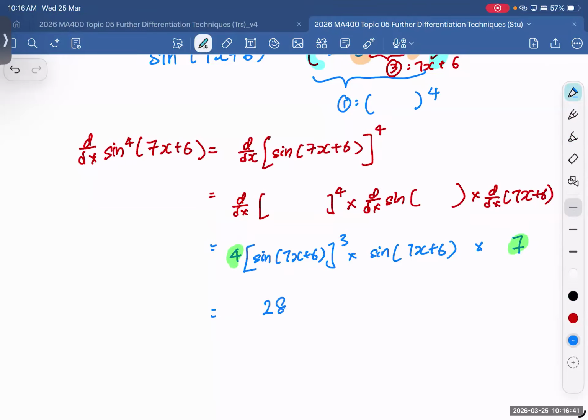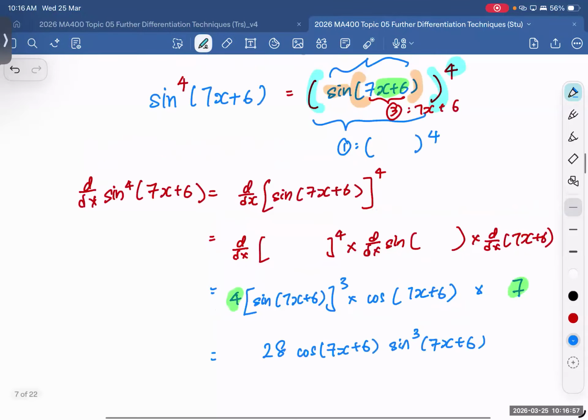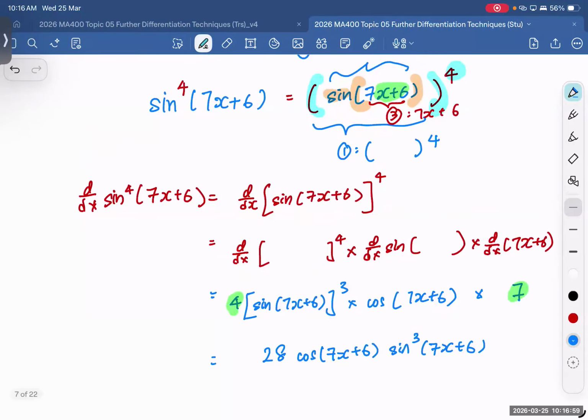Sorry, wrong. The derivative of sine is cosine, this teacher is horrible. So multiply by cosine of 7x plus 6, and you can bring back the power 3. Is it okay?